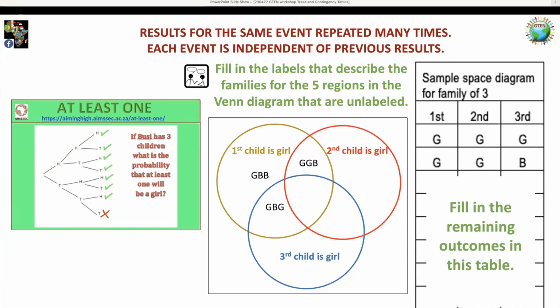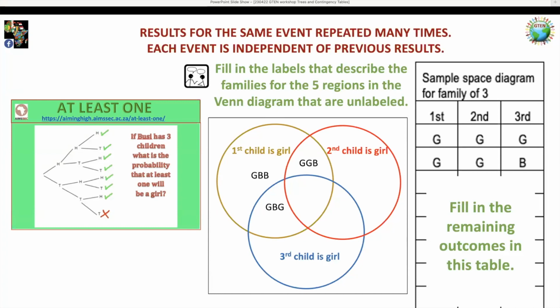Exactly. So then we've left you something to do, because, well, this is a joint effort. It isn't just us telling you. So we want you to fill in the labels that describe the families for the 5 regions in this Venn diagram that are not labeled. Just go ahead and sketch it out and fill in the missing conditions. So what you'll see is the red area or region inside the red circle is where the second child is a girl.